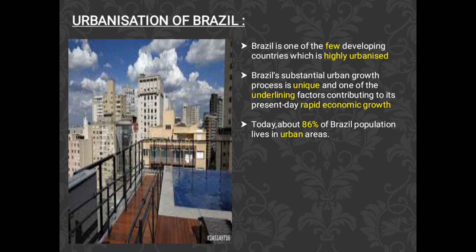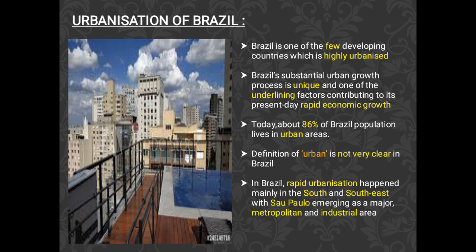Today, about 86% of Brazil's population lives in an urban area. Definition of urban is not very clear in Brazil. In Brazil, rapid urbanization happened mainly in the south and southeast, with Sao Paulo emerging as a major metropolitan and industrial area.